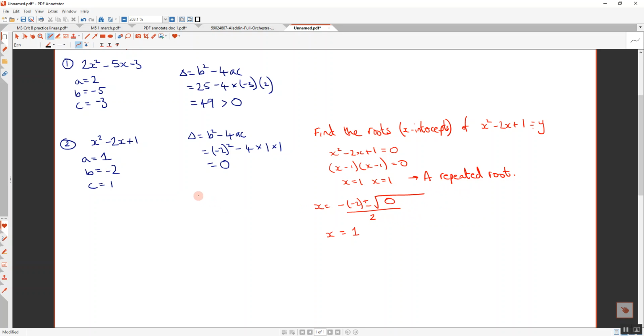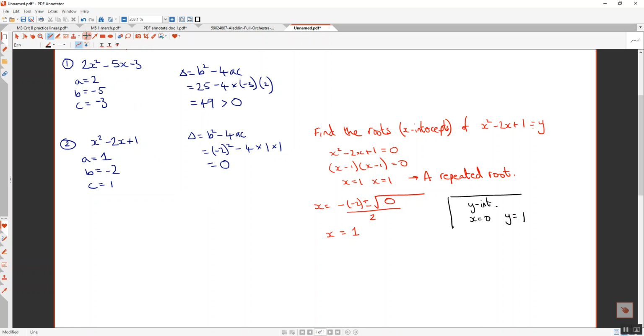Okay, now if I was to draw this, actually tell me what is the y-intercept out of interest? Yep, the y-intercept is when x is equal to 0, when x is 0, y is equal to 1.